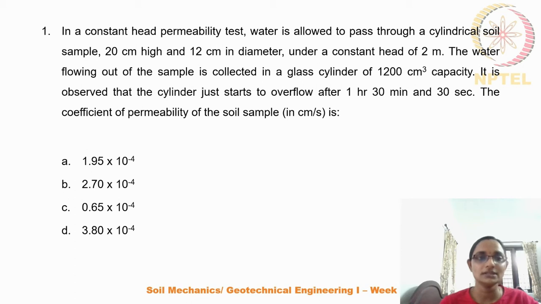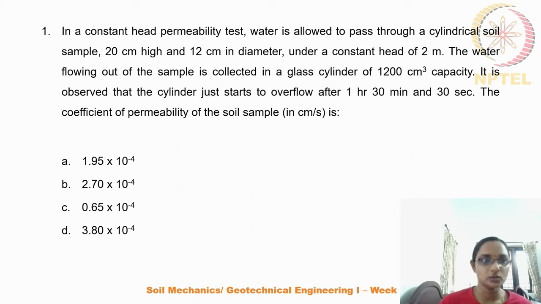In the constant head permeability test, there is one particular equation, and for falling head we have another equation for determining the coefficient of permeability. Should I start solving, or do you need some more time? I'm not seeing any answers in the chat box.